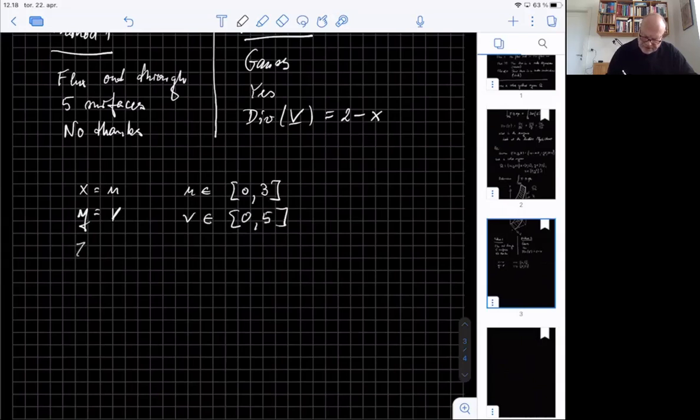And then for the z component, you use a third parameter w times y squared, because when w is 0, you get z equal to 0, and when w is equal to 1, you get y squared. So w is in the interval from 0 to 1.